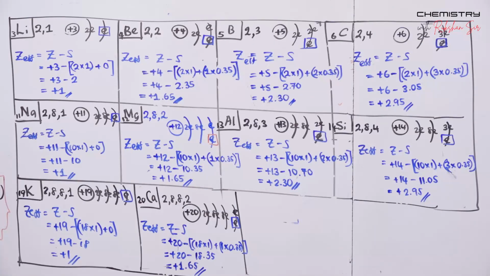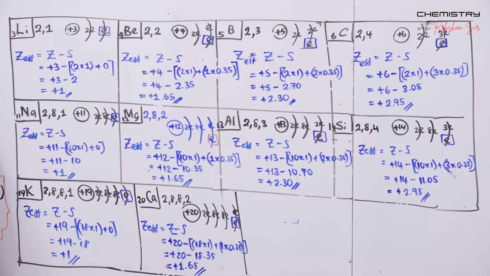So what patterns can you see when going through this? Please tell me. What can you see when going down a group? What kind of pattern do you observe? Any idea, please?